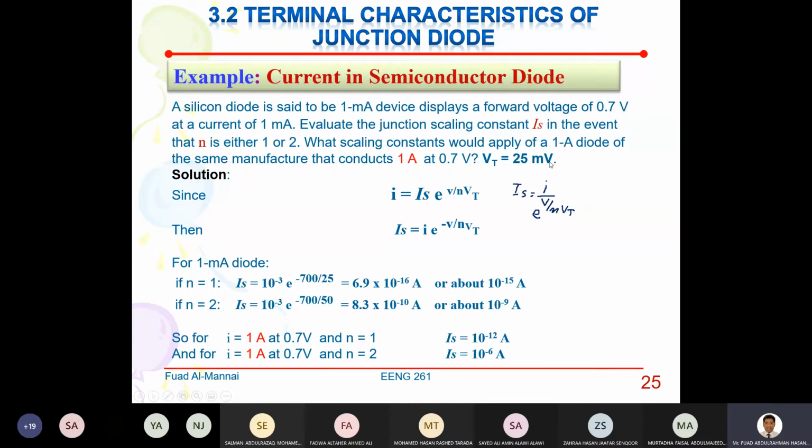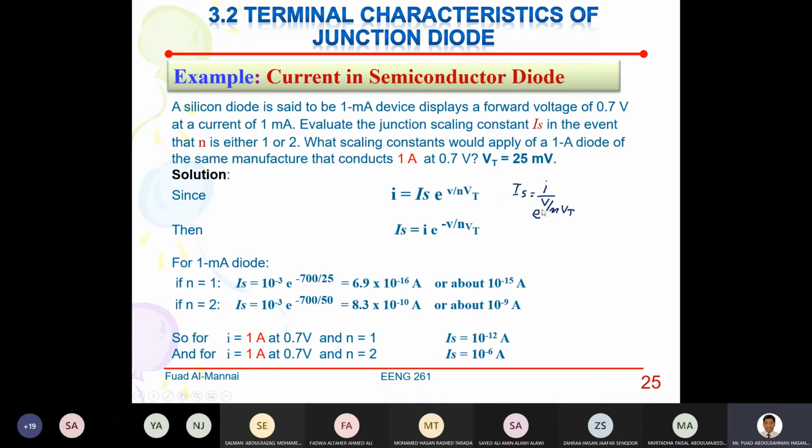VT is equal to 25 millivolt. Remember that we have ID is equal to IS e to the power VD divided by NVT. Now I want to solve for IS. Therefore, IS is equal to I divided by e to the power VD divided by NVT.